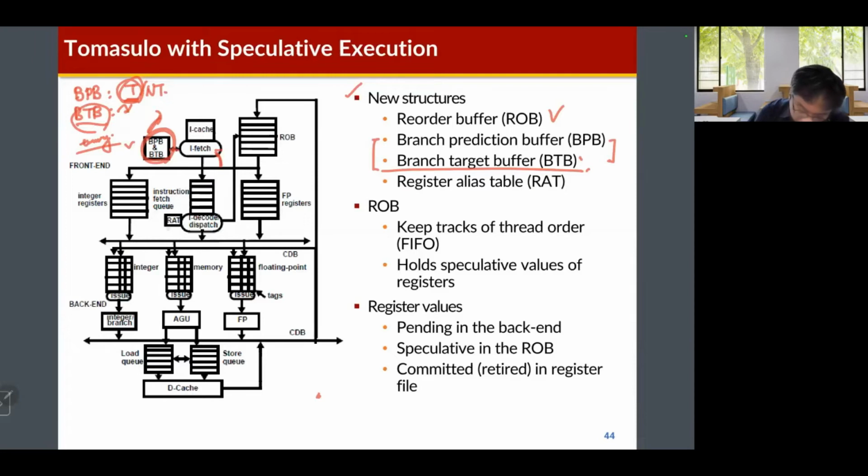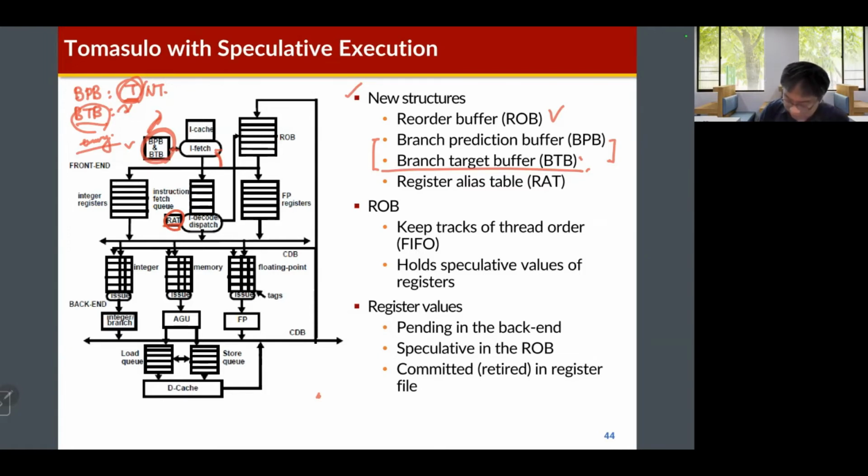And why do we need the register alias table? In this speculative execution, we distinguish the commit of an instruction and the completion of an instruction.